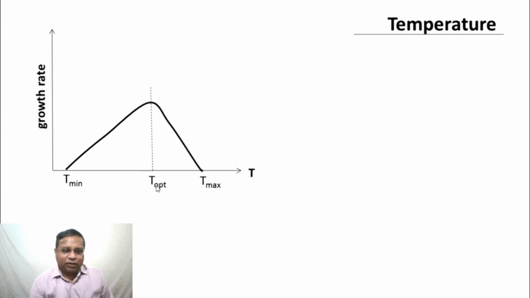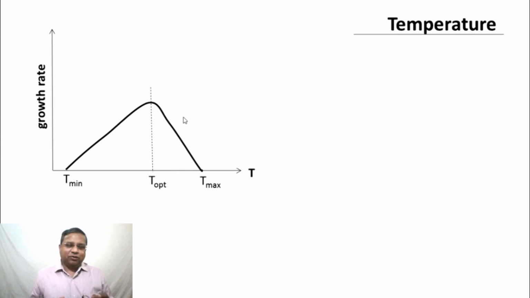They grow optimally at around 37 degrees C, whereas their monoclonal antibody production is optimum at around 39 degrees C. So the straightforward strategy is to grow cells optimally first and then switch the temperature to 39 degrees C so that the monoclonal antibody production takes place optimally.